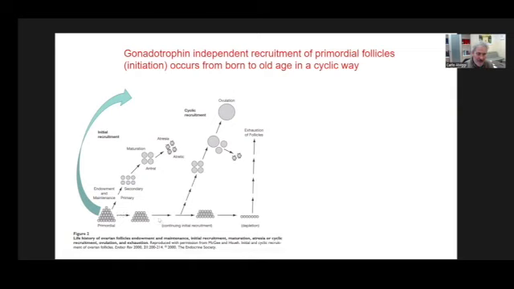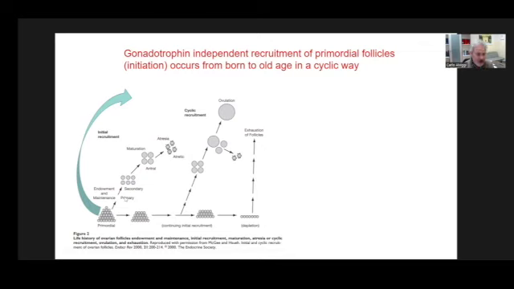This is the amount of primordial follicles. What we know is that we have a moment which is called initiation. What is initiation? It's the moment where packages or probably waves of primordial follicles move, and this is gonadotropin independent, from the stage of primordial to the stage of primary.